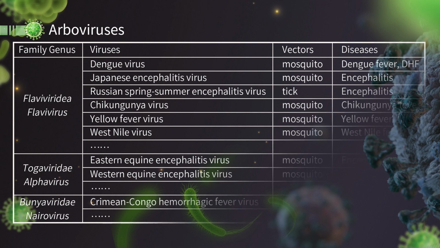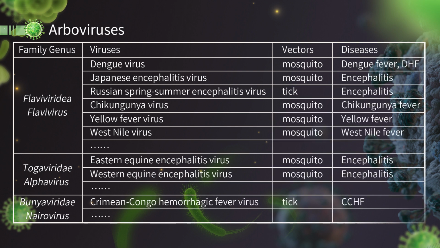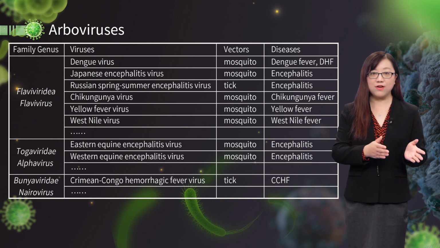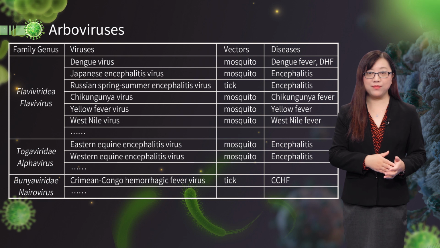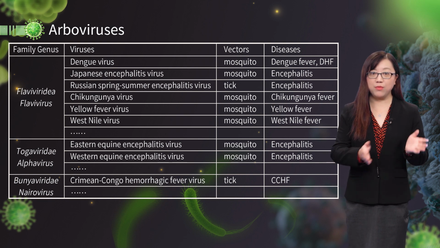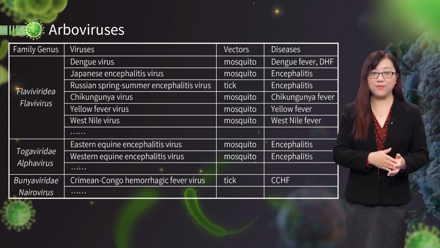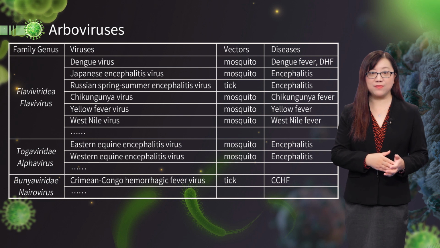Besides dengue virus, Japanese encephalitis virus, Russian spring-summer encephalitis virus, chikungunya, yellow fever, and West Nile virus are all flaviviruses. They have similar biological properties and cause febrile disease, hemorrhagic fever, and/or encephalitis. All of them are transmitted by mosquitoes except Russian spring-summer encephalitis virus, which is spread by ticks.